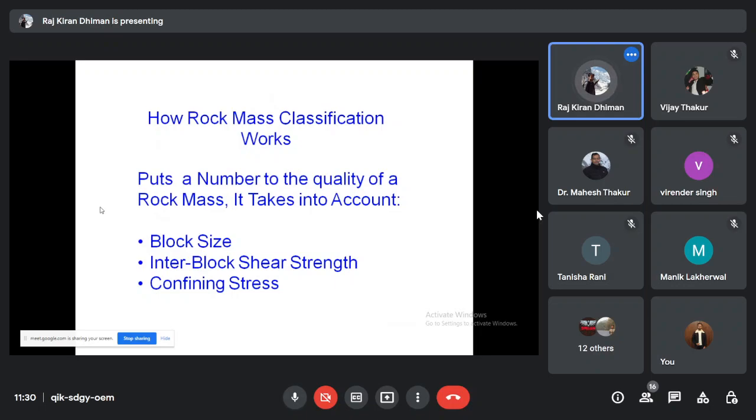That is why I am explaining this briefly. As I mentioned in the beginning, a rock mass classification system puts a number to the quality of the rock mass. If I ask you how to classify the quality of rock mass, we have discussed these 4 or 5 factors, which are the major factors. These govern the quality of the rock mass.